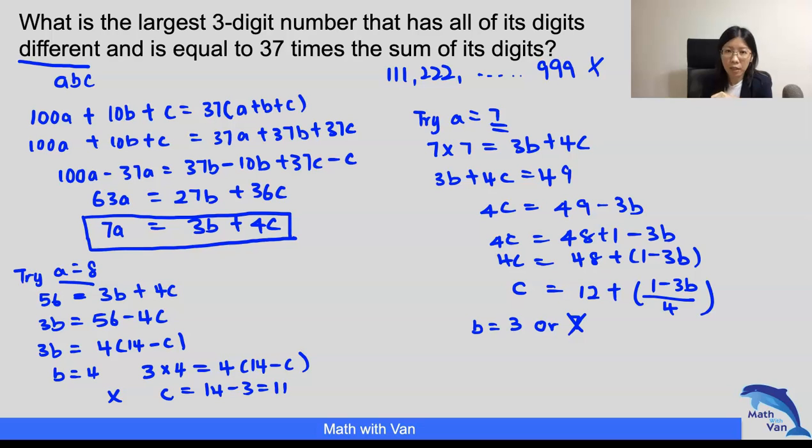So if B equals 3, let's take a look. C will be 12 plus (1 minus 3 times 3) over 4. But that will give us 10, so C would be 10.